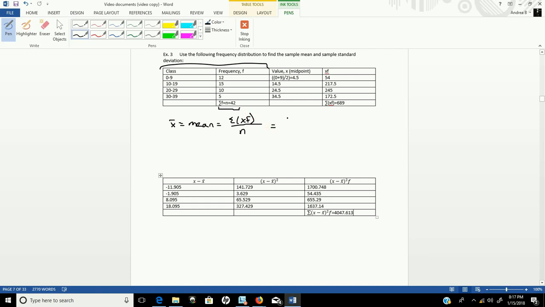So on the top here, we have the 689 that we already calculated, divided by 42, how many values we had all together. And then you would divide those. So for our mean here, you should get 16.405.